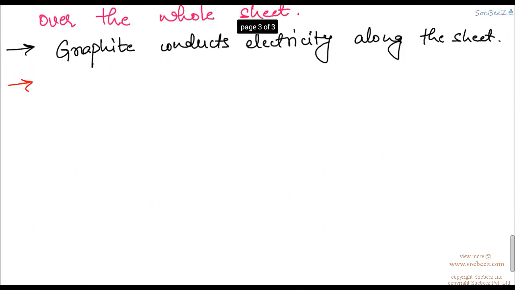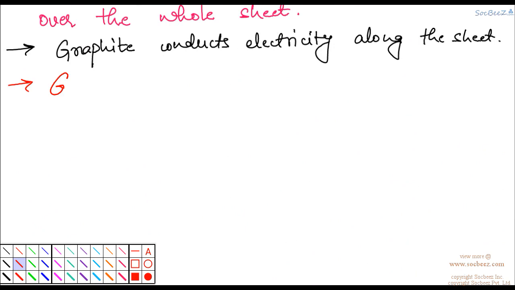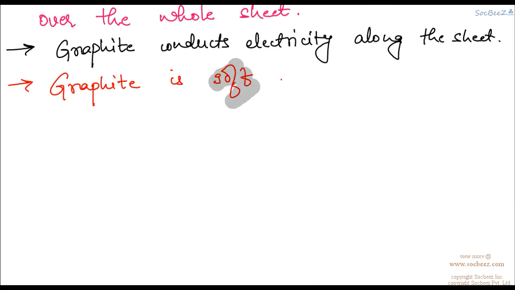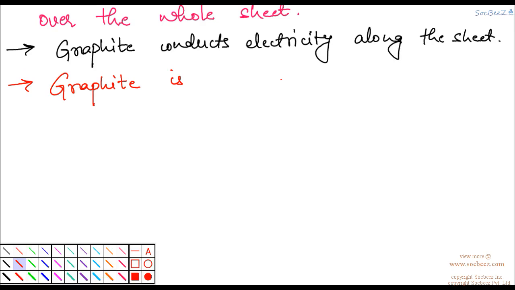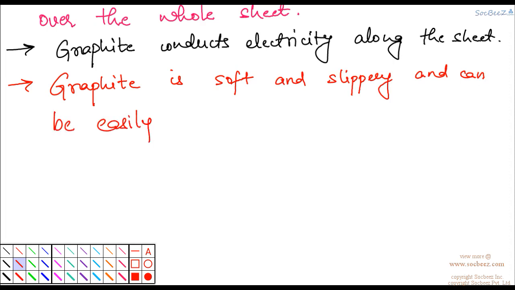So we would write that graphite is soft and slippery and can be easily cleaved between the layers.